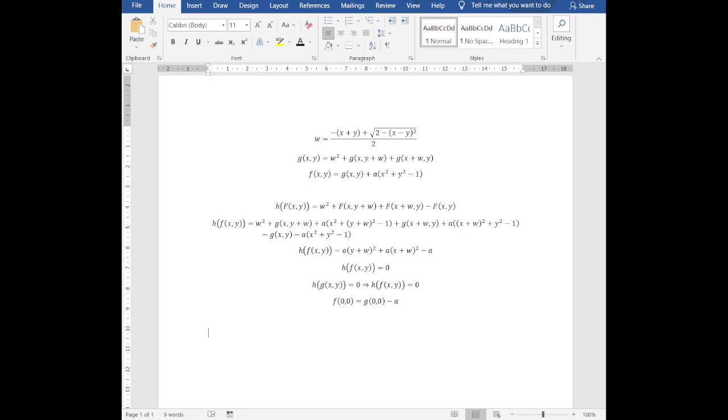Obviously, this has been picked for some reason by someone, but this is a quite difficult equation to solve. And so, no, it's not Navier-Stokes, but it's non-trivial.